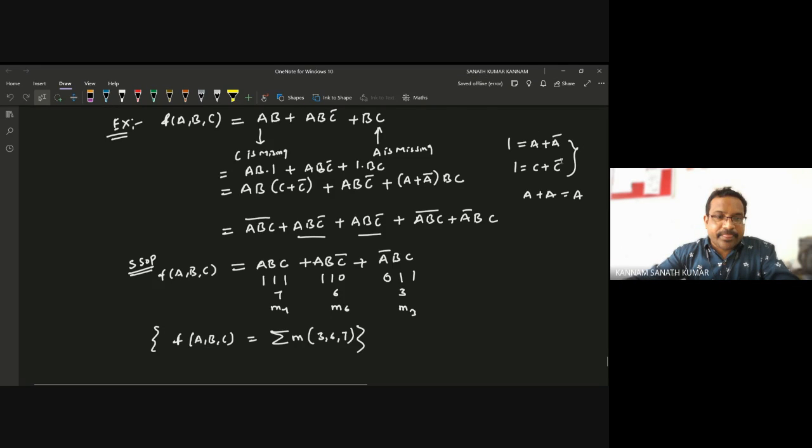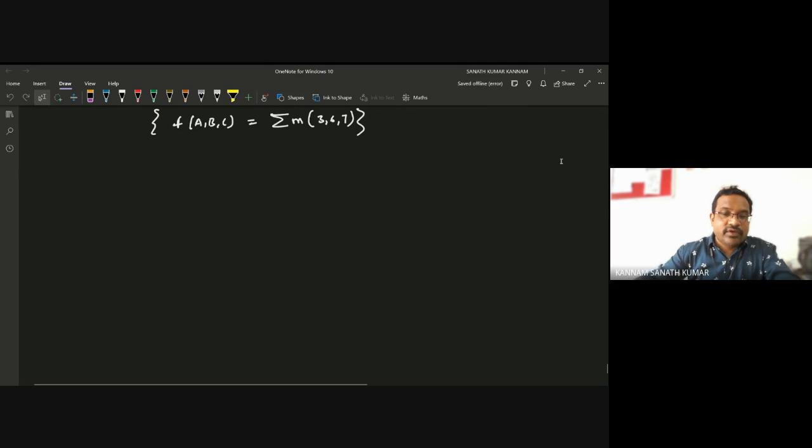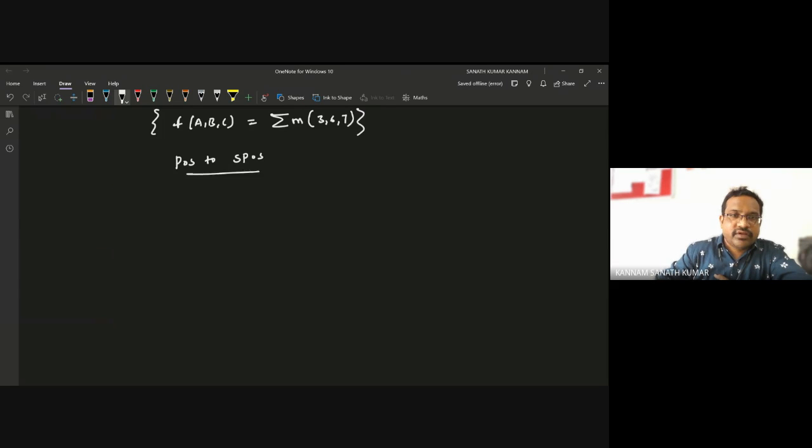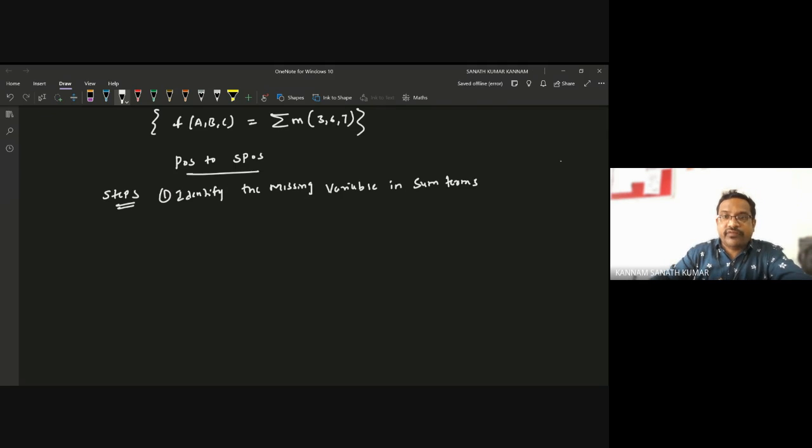Next, conversion of POS to SPOS. You need to remember the steps for this. First, you need to identify the missing variable in some terms. In the SOP, you need to identify the missing variable in the product terms, but in the POS, you need to identify the missing variable in the sum terms.